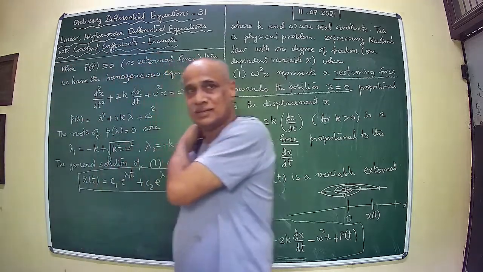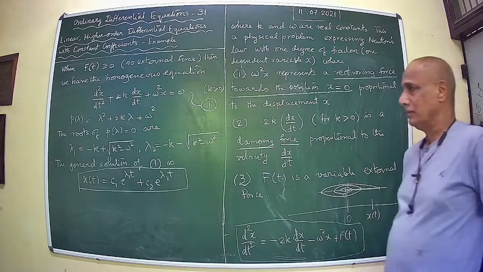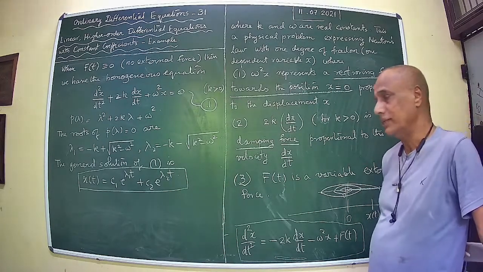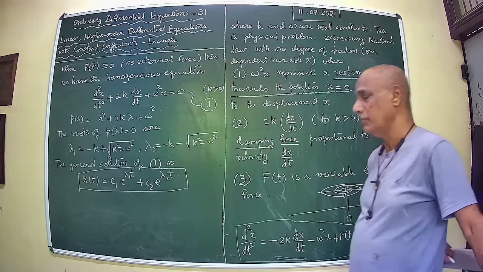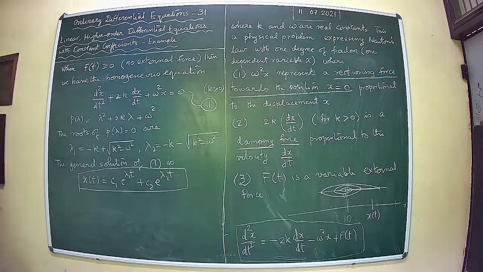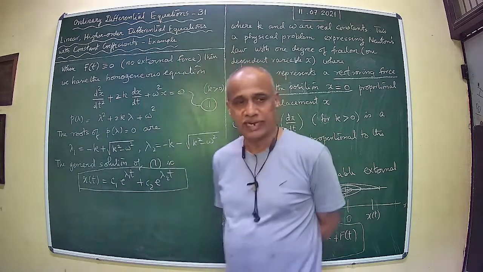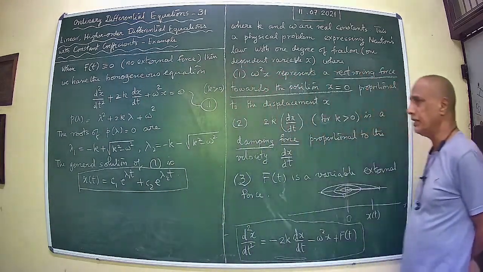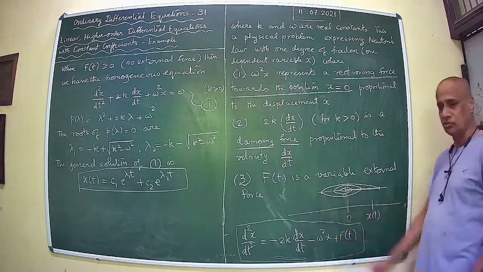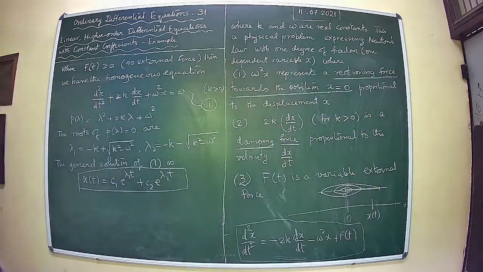In general, when you deal with an nth order homogeneous linear equation, the difficulty is that the characteristic polynomial P(lambda) becomes of degree n, and there is no specific way in which you can find all the roots of this polynomial, even in C. That's why the fundamental theorem of algebra becomes very relevant here.